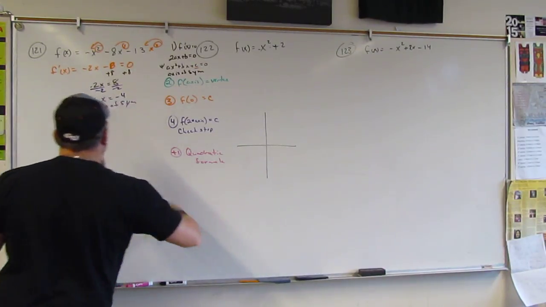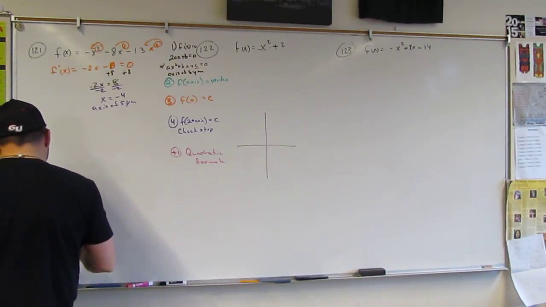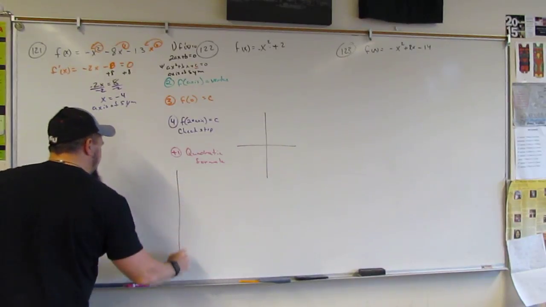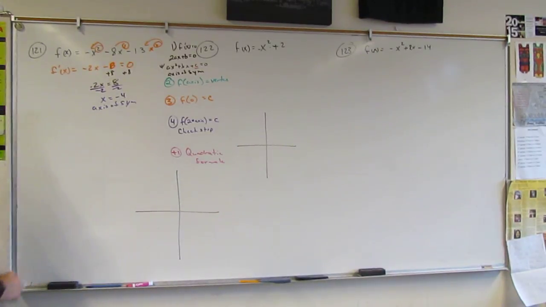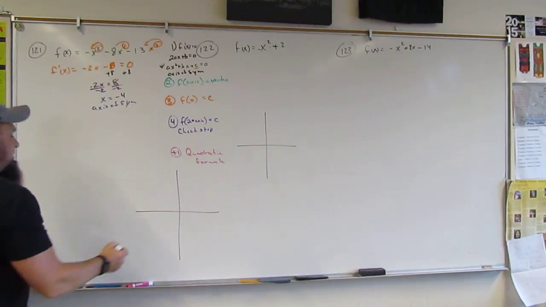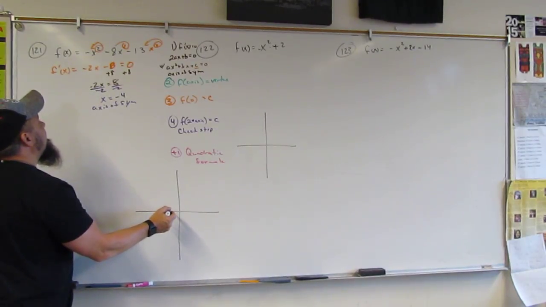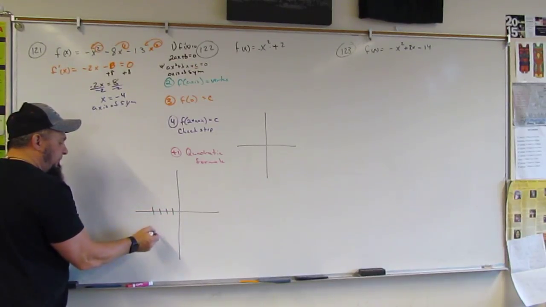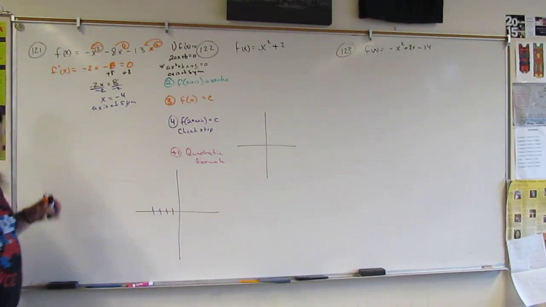So I'm going to move this graph to right here. And I'm going to think about this axis of symmetry as being -4. So I'm going to go 1, 2, 3, 4. Did I hit record?